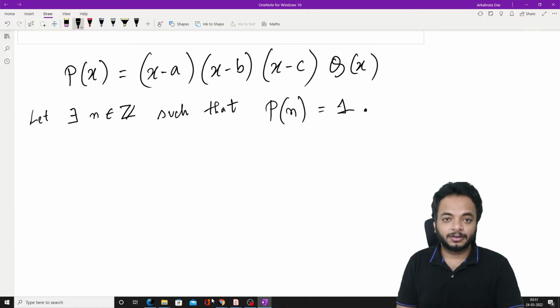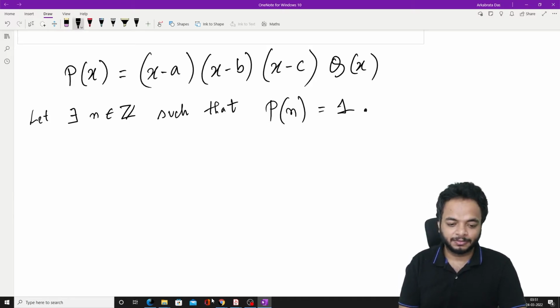This is the way of contradiction: we assume this as our hypothesis, and then we will show some contradiction, and thus it will be wrong.